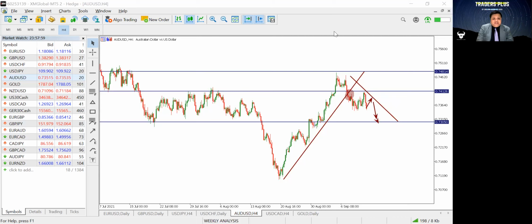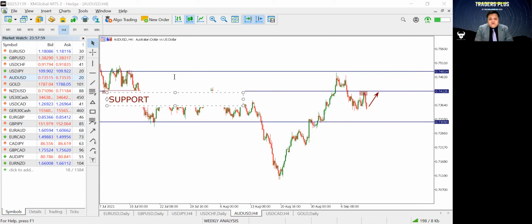Right? Or if not, it may pull back all the way to this resistance level, which was tested so many times, no? One, and a couple of times here. Plus, it was a support here. Remember the role reversal when breaks happen, no? The former support here became a resistance right here.